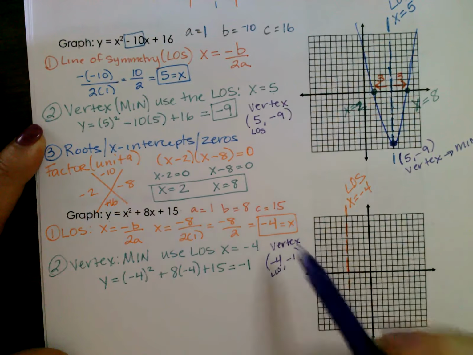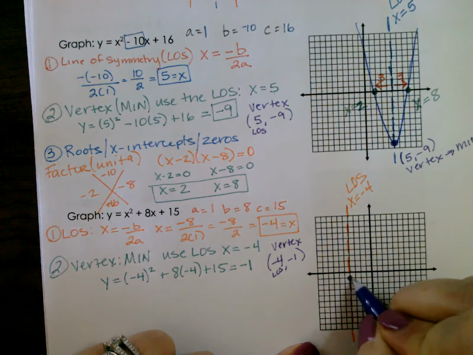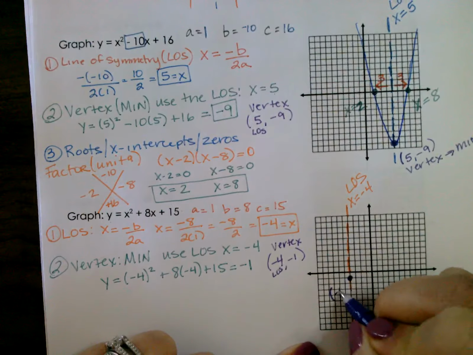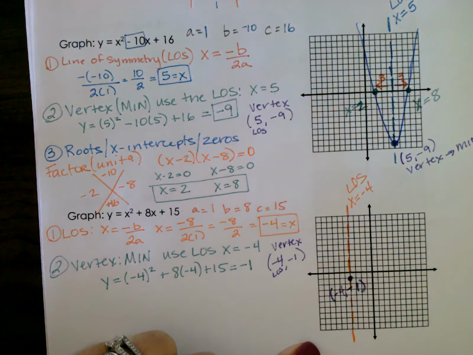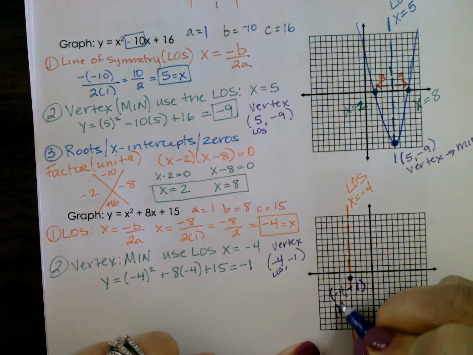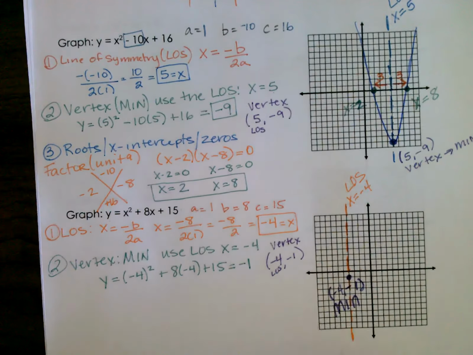Negative 4 comes from the line of symmetry. So negative 4, negative 1, right there is my vertex. Hard to write on the graph. It is a minimum. So I know it's okay to write at the bottom because it's going to be smiling.